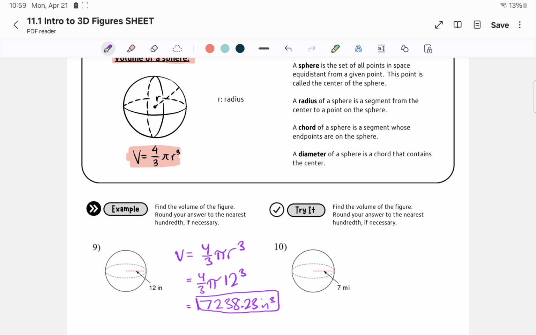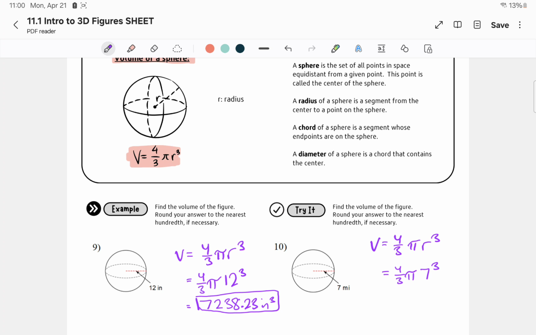We're almost there. All right, so we're going to do the formula. The radius this time is 7, so we're going to plug in 7 for r. I'm going to do it the second way I said. So you can do 4/3 as a fraction: parentheses 4 divided by 3, end parentheses.